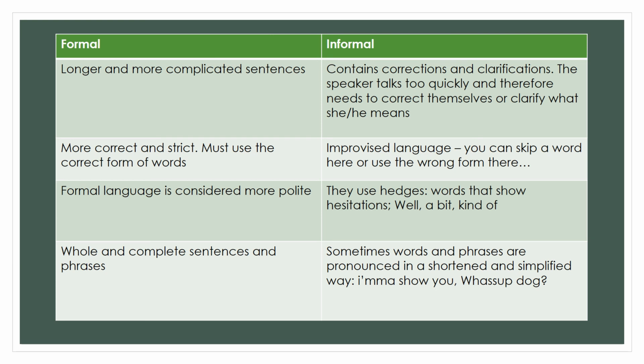Informal language uses a lot of hedges, which are words that show hesitation. And examples of these words are well, a bit, kind of, and so on. Sometimes words and phrases are pronounced in a shortened and simplified way, like I'ma show you, what's up dog, and so on.